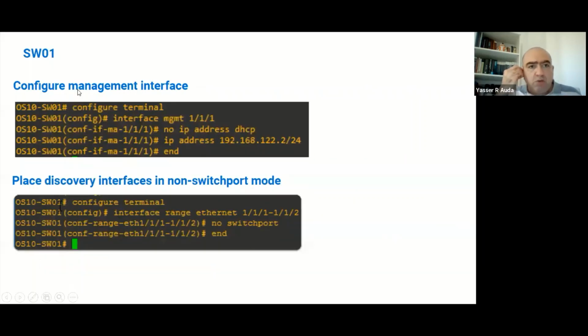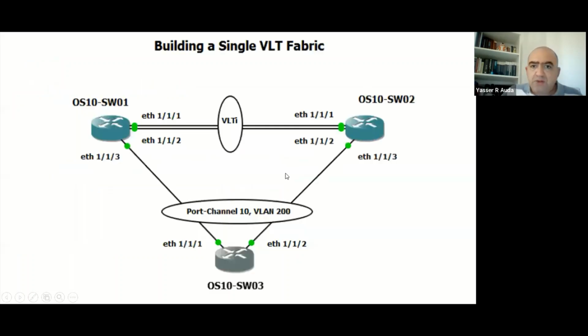From a configuration perspective, in switch 1 you will give an IP address to the management interface, 192.168.122.2. This is in switch 1.